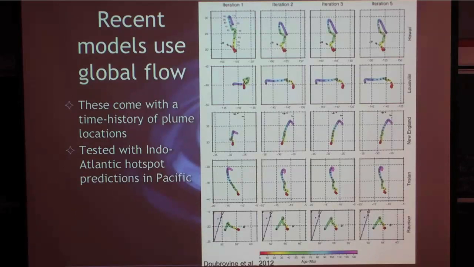The way to make progress is what Doubrovine did with Torsvik and Steinberger, and what the Earthbyte people have been doing, which is to ask the question, can we find plate tectonic reconstructions that are consistent with certain assumptions, including, for example, hotspot fixity? And how do our reconstructions change? Those folks are working on that. So it's important to realize that there's a feedback, and we'll never be able to get at any insights if we're just addressing one aspect of the problem.